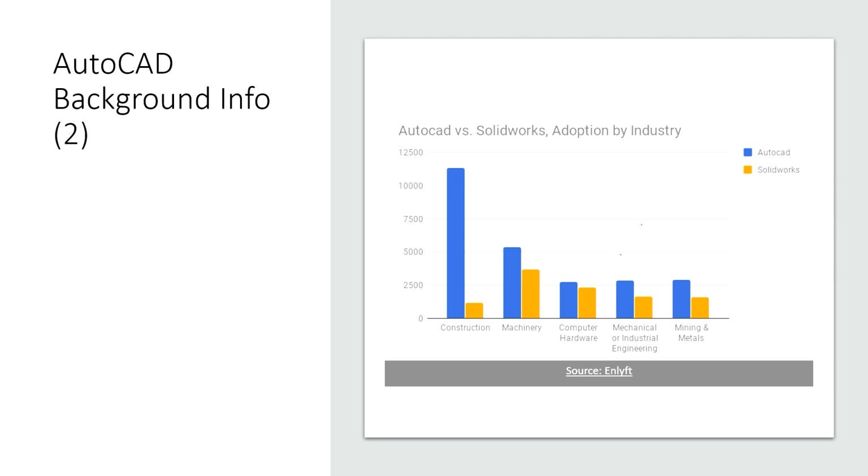We have AutoCAD and SolidWorks in this chart. There's another one which is CATIA, which is used for aerospace and automotive. There's another one called Pro Engineer. It's very good, but it's not very common. It's not very easy to use, but it's very robust. The two most common ones for sure are AutoCAD and SolidWorks.